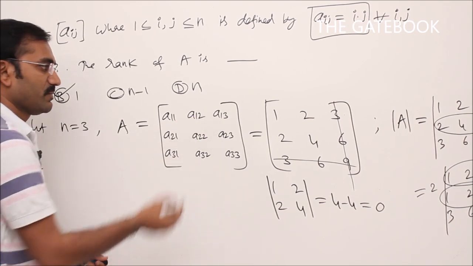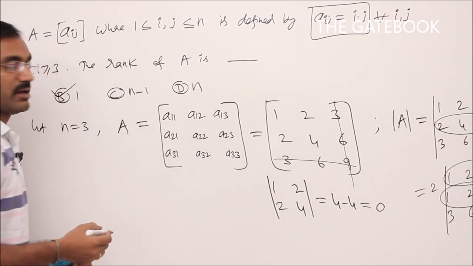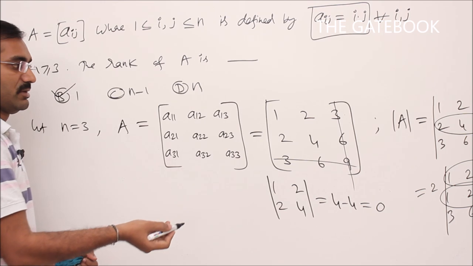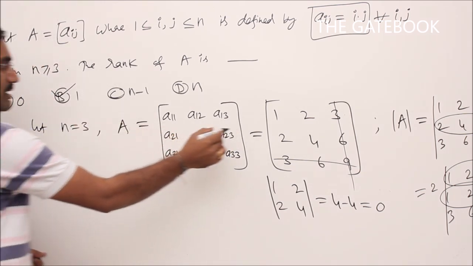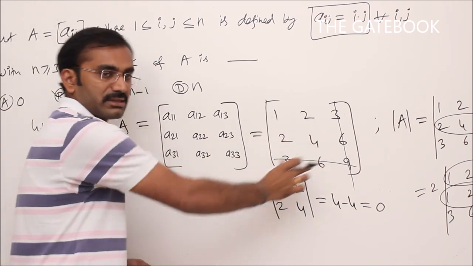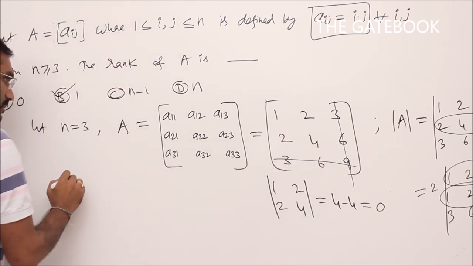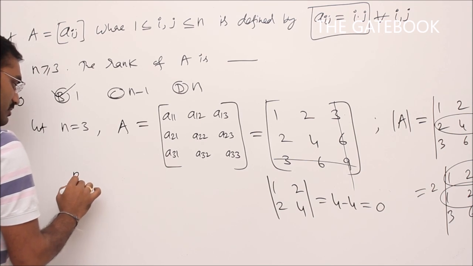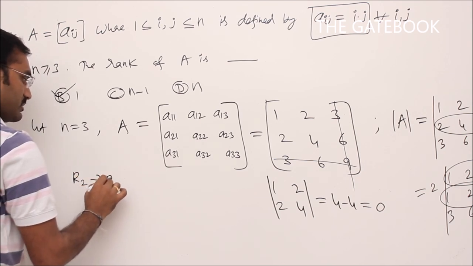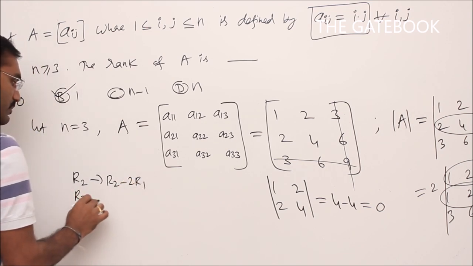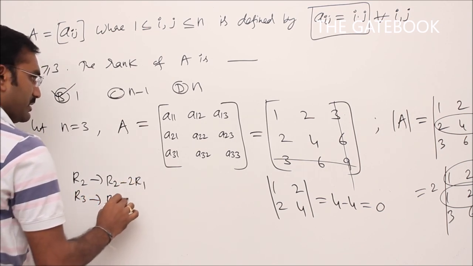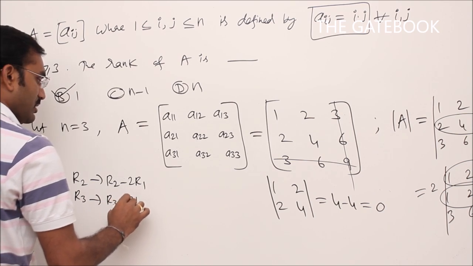Now we can do the same problem like this also by applying the echelon form method. So here this is matrix A: 1, 2, 3, 2, 4, 6, 3, 6, 9. Now apply these operations: R2 implies R2 minus 2R1, R3 implies R3 minus 3R1.